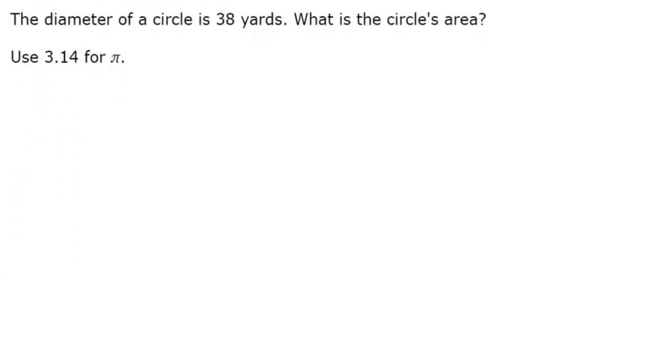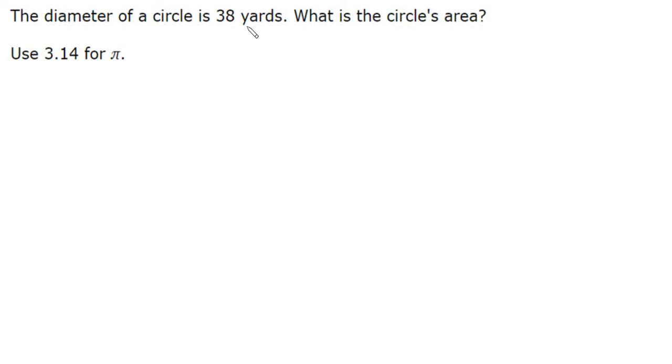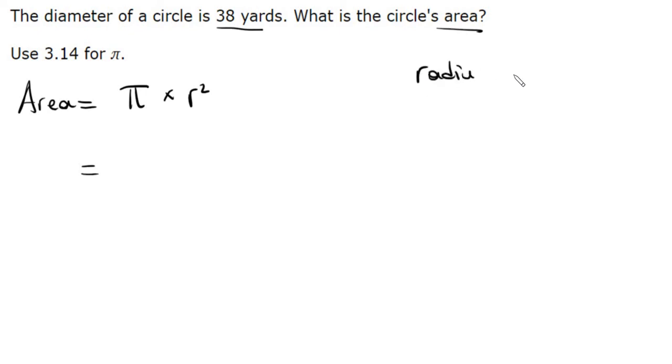All right, let's look at this example. The diameter of a circle is 38 yards. What is the circle's area? The area is pi times r squared, so we need the radius. The radius is always the diameter divided by 2.